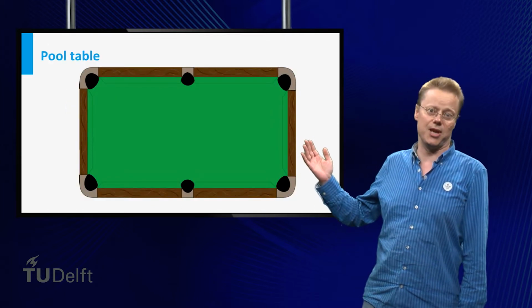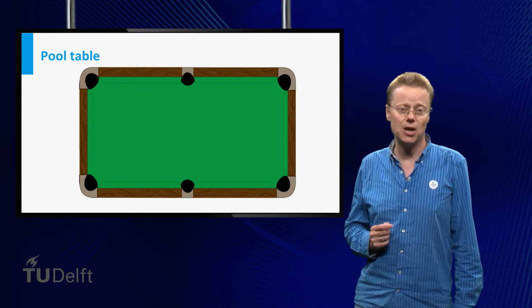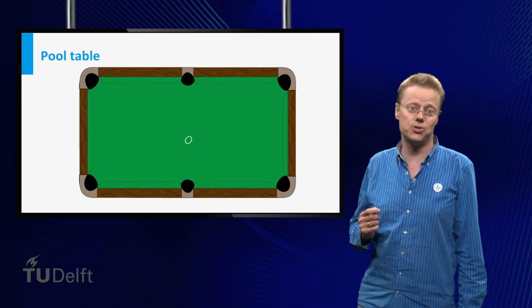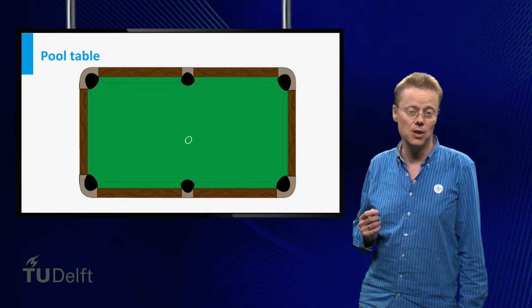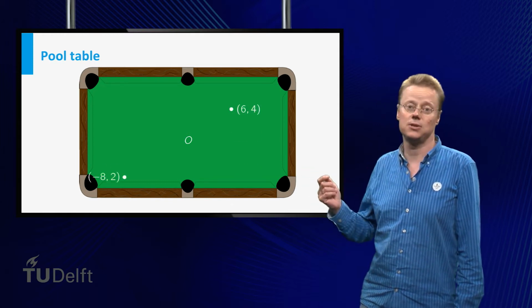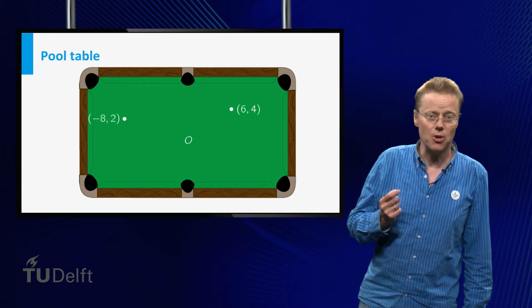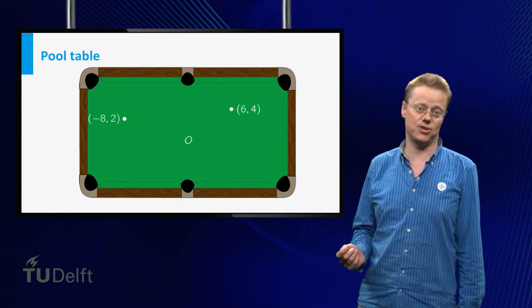Consider this pool table. If you want to indicate a location on the pool table, it can be done by fixing an origin and a horizontal and a vertical position of the location relative to this origin O. For example, the point (6, 4) and the point (-8, 2). If you want to describe a movement on the pool table, this can be done using a vector.